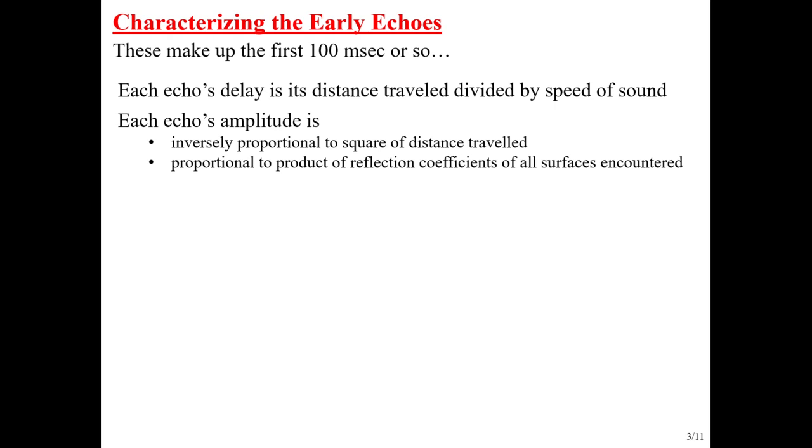So sound, just like other waveforms, will be attenuated based upon how far it's traveled. There's well-known physics for that. We know that the amplitude is inversely proportional to the square of the distance traveled. And then it also depends on all the different reflections.